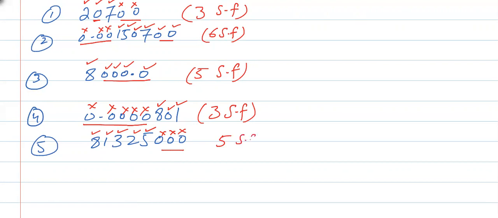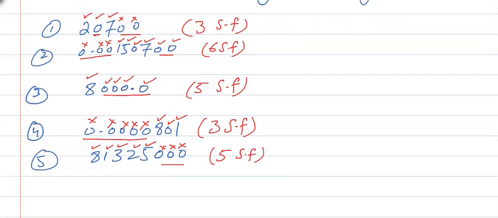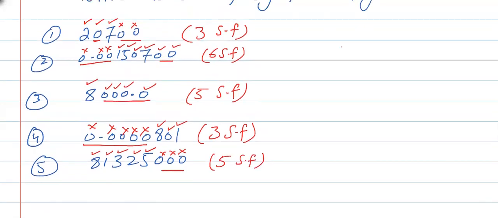Yes, Shafif. Sir, could you re-explain the third example? Yes. In the third example, if you remember the rule I told you, if your number is a whole number, then ending zeros will not be significant. But if the decimal is visibly there, then ending zeros will be significant. Because it is a decimal and they are ending zeros, that is why we will keep them significant.